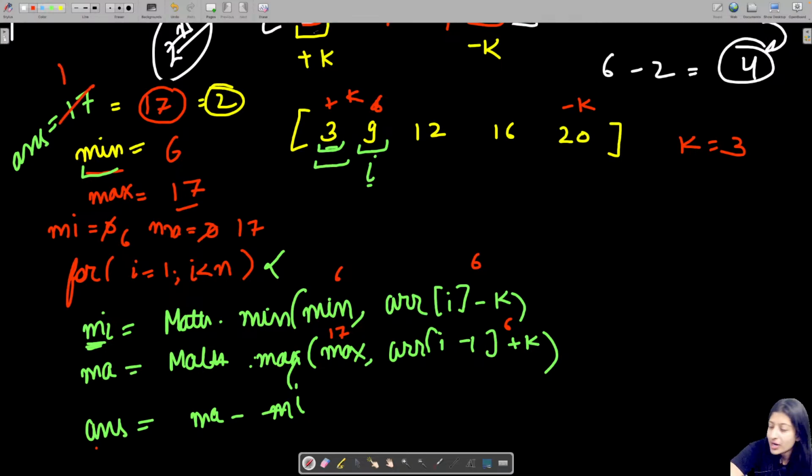Initially we took 20 minus 3, which was 17, and in one iteration I have reduced it to 11. How? I have increased the height of this tower by 3 and reduced the height of this tower by 3. So this becomes 17 and this becomes 6. So 17 minus 6 is 11.